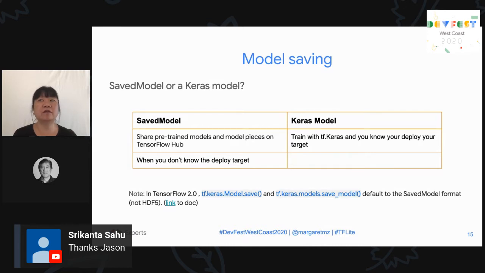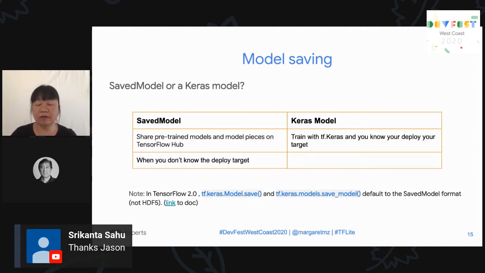The SavedModel format is recommended. When do you use which? Especially if you are sharing a pre-trained model on TensorFlow Hub, for example, you definitely need to use the SavedModel format. It's also useful if you don't know the deploy target.